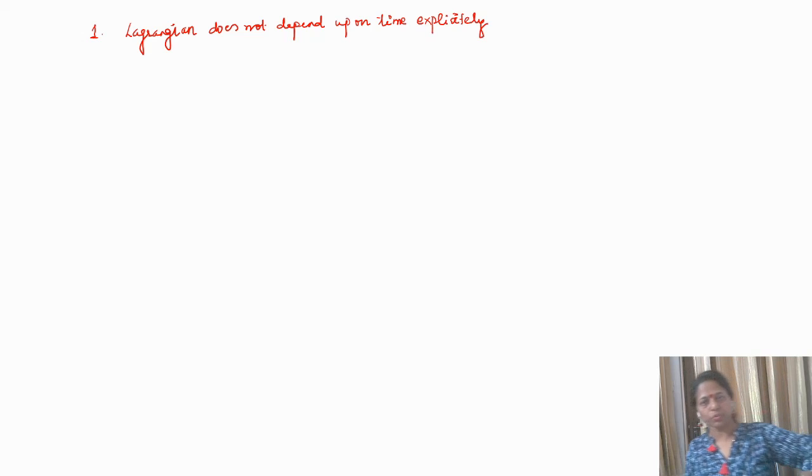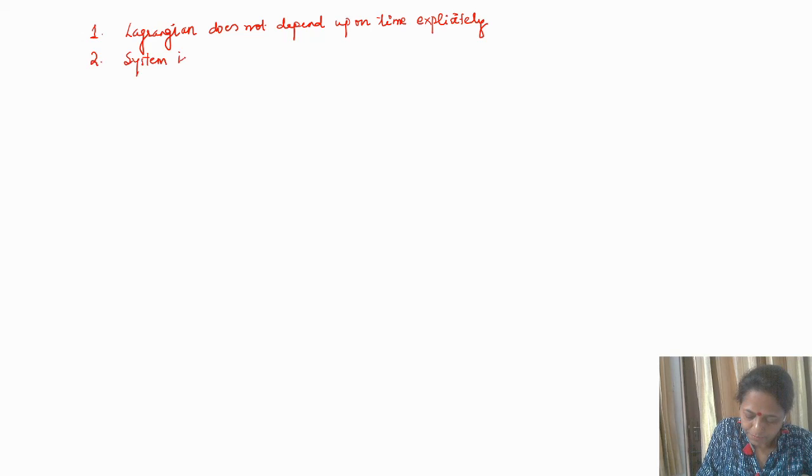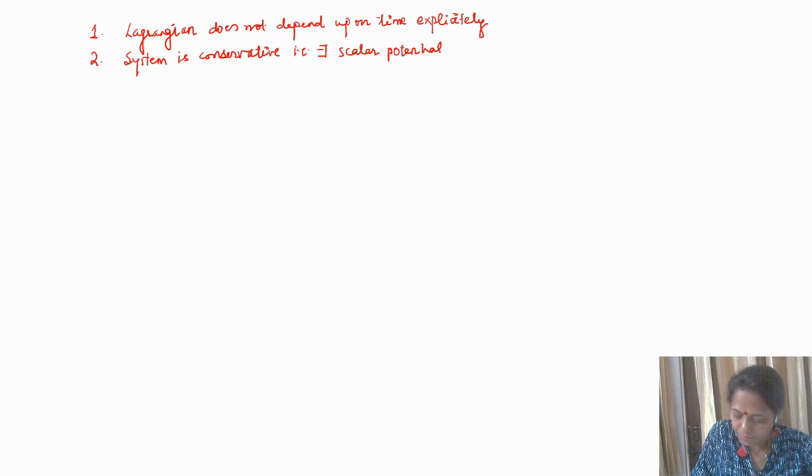This may be the one situation. Second condition is that the system is conservative. That is, there exists a scalar potential function V, standard notation, independent of generalized velocity.